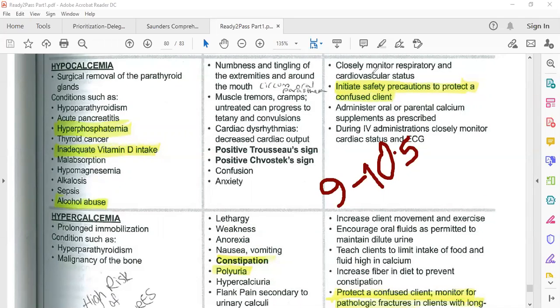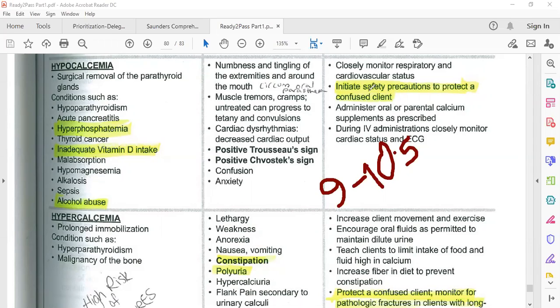They also have an important role in nerve and muscle function, and they help with blood clotting. Very important.